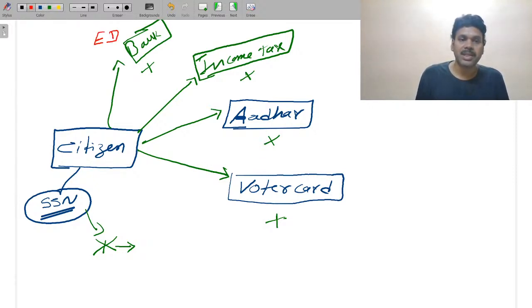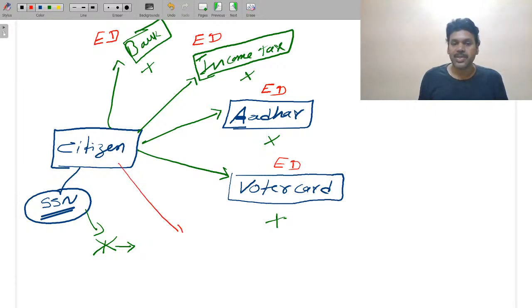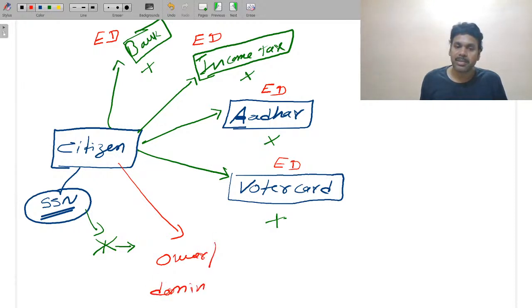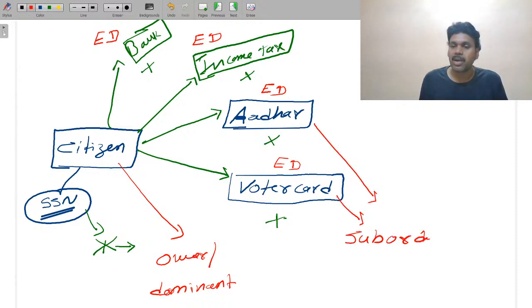This is existence dependency onto your citizen. In that case, citizen is your owner, also called the dominant, and the remaining four I have written are all called subordinates, also called borrowers.